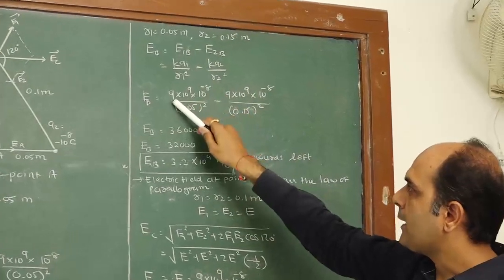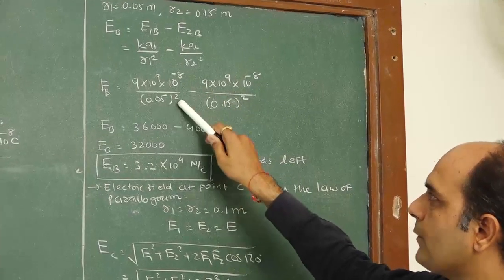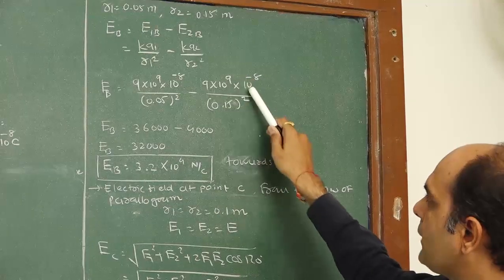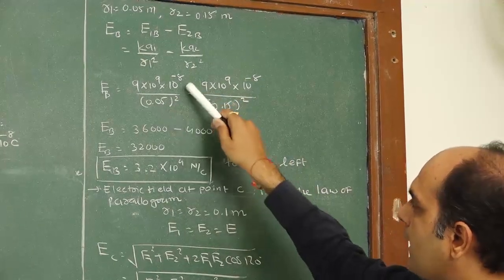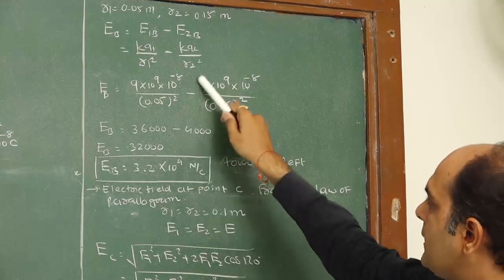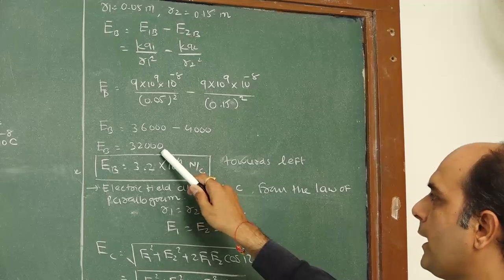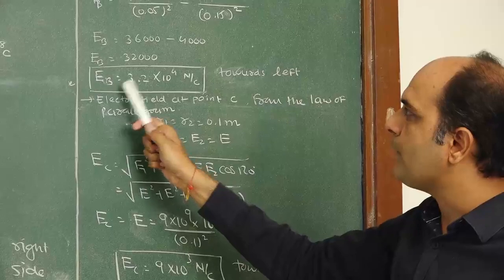K is 9 into 10 raised to 9, Q1 is 10 raised to minus 8, R1 is 0.05 whole square. Again K is 9 into 10 raised to 9, Q2 is 10 raised to minus 8, R2 is 0.15 square. By this calculation, the first answer is 36,000 and the second is 4,000. Subtracting them gives 32,000, so the answer is 3.2 into 10 raised to 4 Newton per coulomb. This is the electric field at point B.